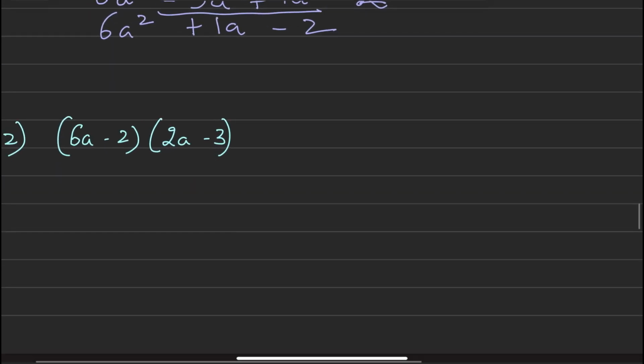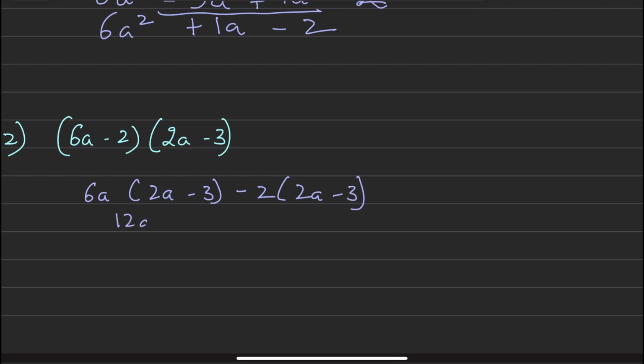One more we will do. 6a, 2a minus 3, minus 2, 2a minus 3. Positive is positive. 6 2s are 12a square. Positive and negative, negative 18a. This is negative 2 and positive 2.